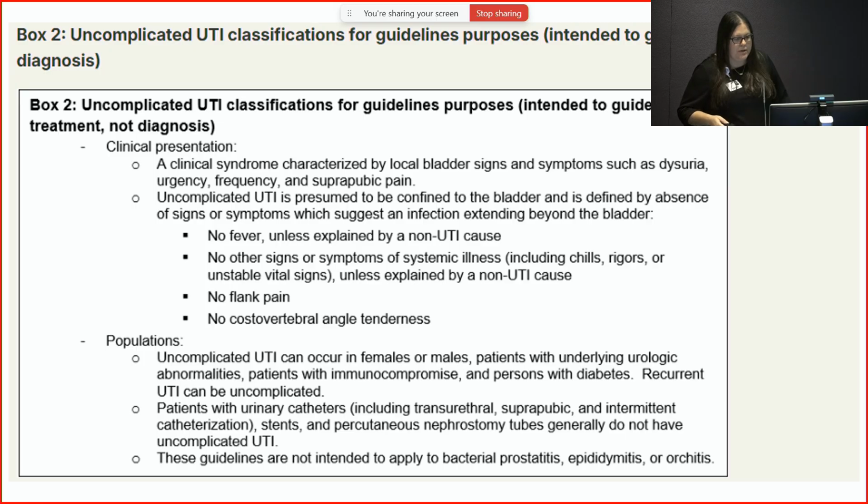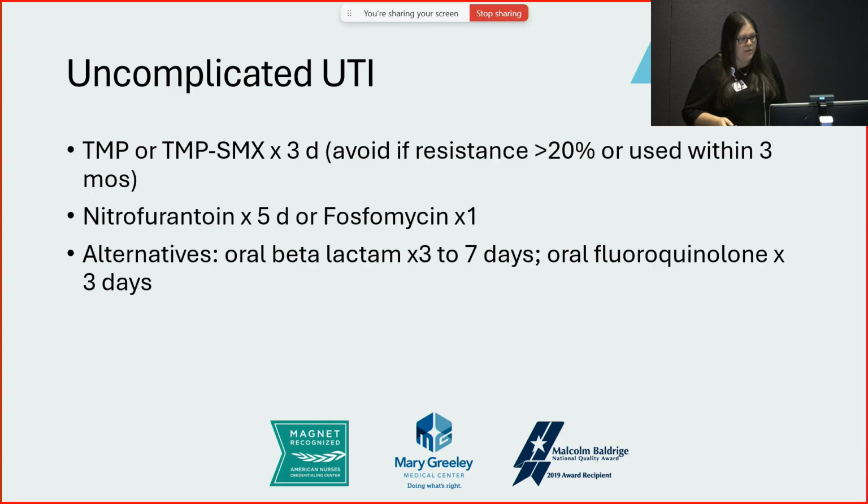So uncomplicated is pretty much just add men in as an option now, which I think a lot of providers already did a little. This isn't part of the guideline, but just for completeness, here's the usual uncomplicated UTI treatment that can be used. And now for men, it would be guideline recommended.